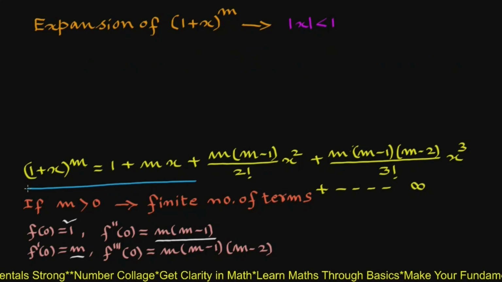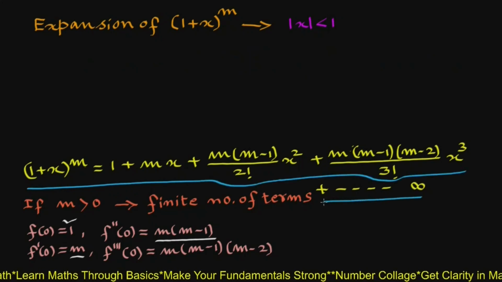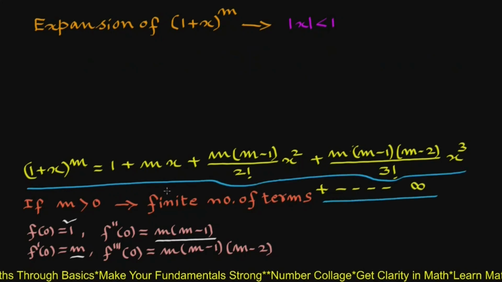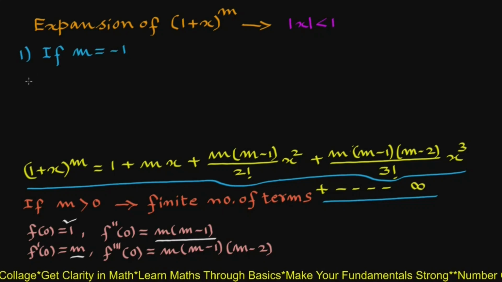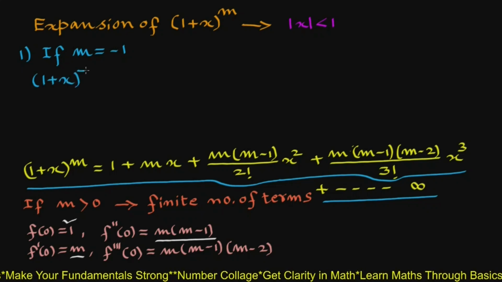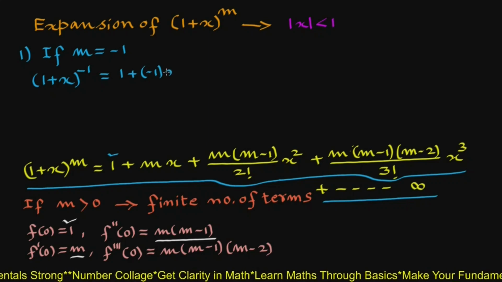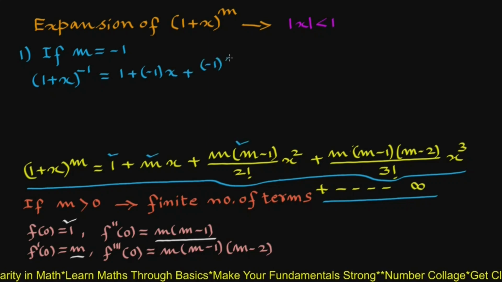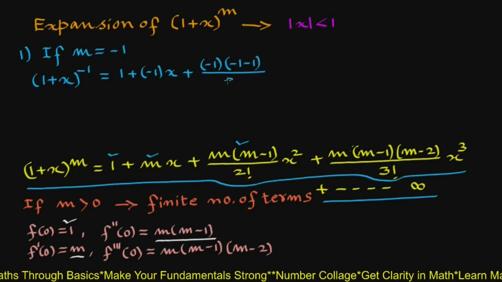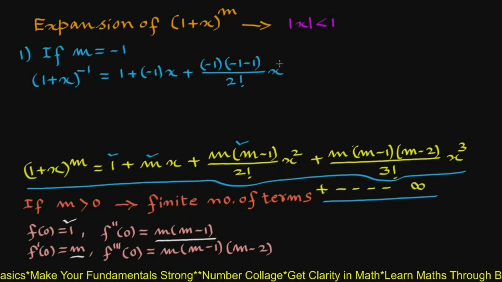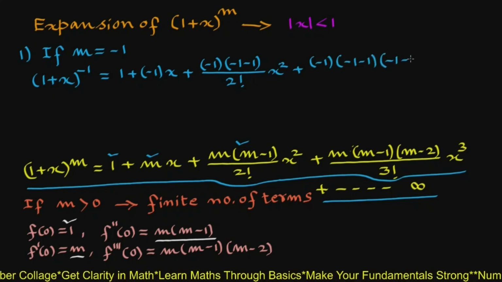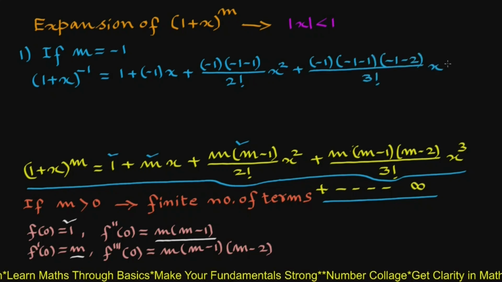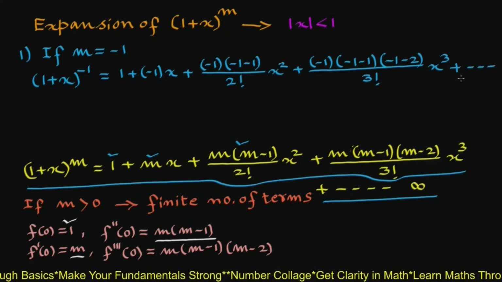In this expansion of (1 + x)^m, we will study two possibilities. First, what if m is minus 1? Then we will get (1 + x)^(-1) = 1 + (-1)x + (-1)(-2)/2! x^2 + (-1)(-2)(-3)/3! x^3 + so on and so forth up to infinity.